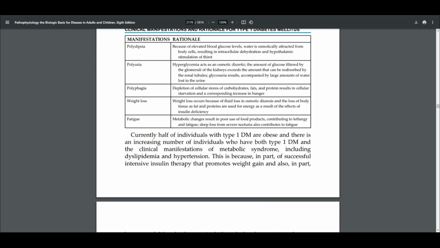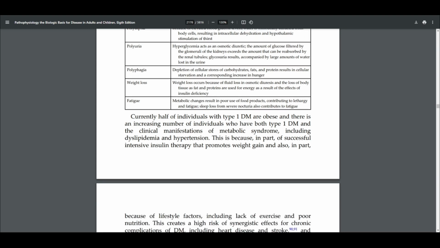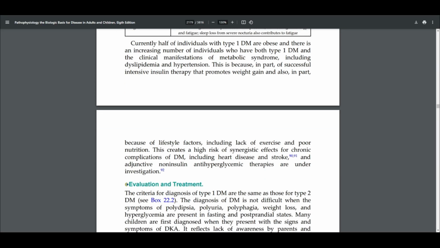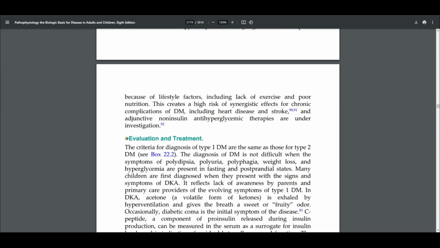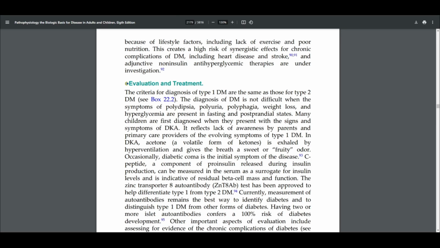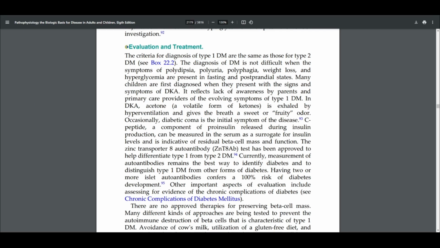This is because, in part, of successful intensive insulin therapy that promotes weight gain, and also in part because of lifestyle factors, including lack of exercise and poor nutrition. This creates a high risk of synergistic effects of chronic complications of diabetes, including heart disease and stroke. And adjunctive, non-insulin, anti-hyperglycemic therapies are under investigation.